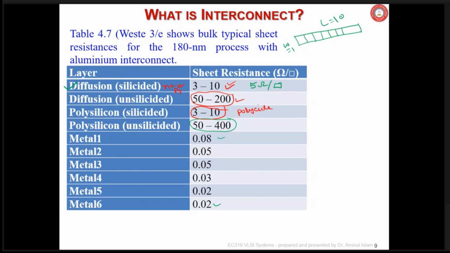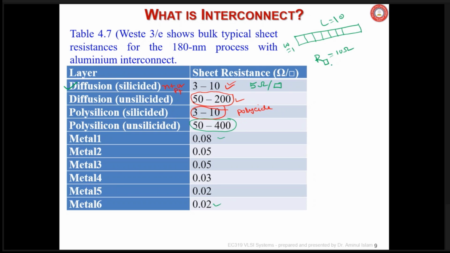L equals this. So you are making squares, and every square has some resistance. R square is denoted by R-square, say 10 ohm.